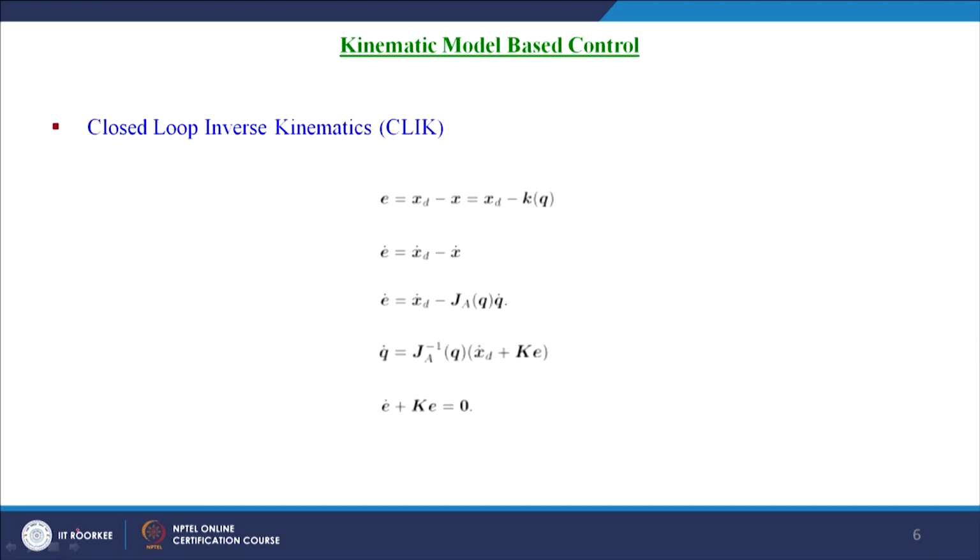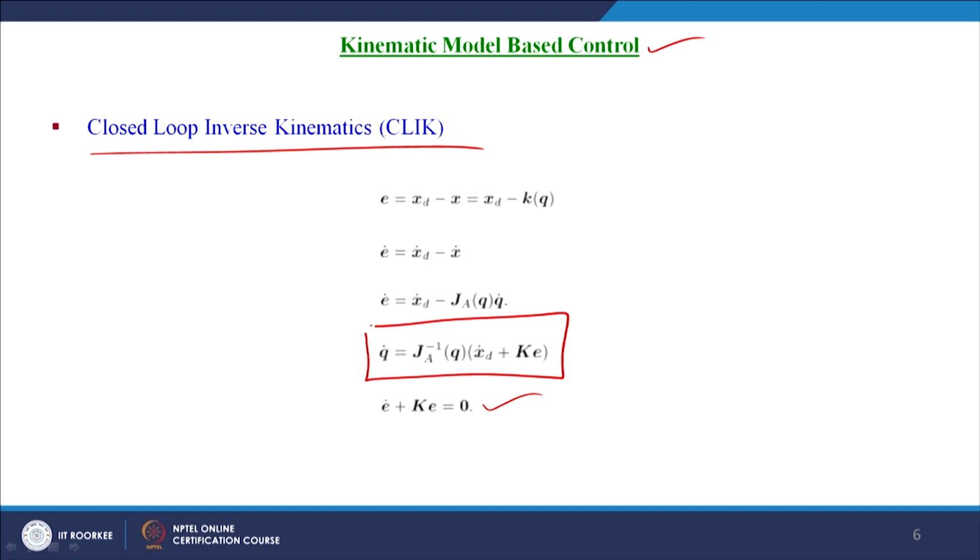Now, coming to the control based on the model of the manipulator. Thus, model based control. First, we discuss kinematic model based control. It is nothing but the closed loop inverse kinematic scheme, because we ensure that the error goes to 0 as time tends to infinity by a first order dynamic equation. So, the CLIK, closed loop inverse kinematics algorithm, is derived in such a way that the control law is given in terms of q dot.